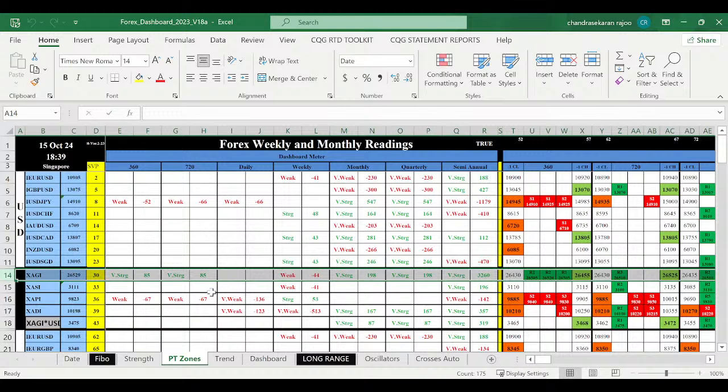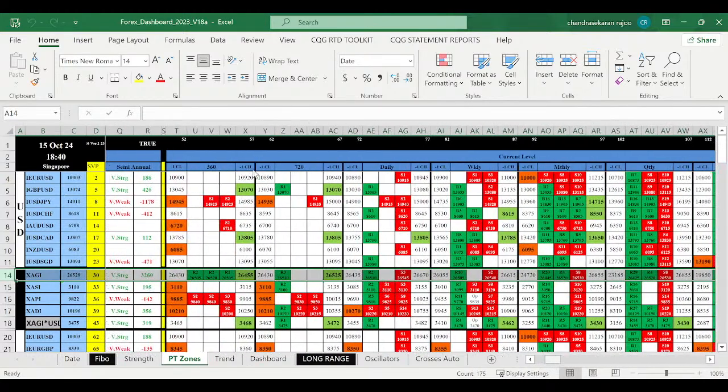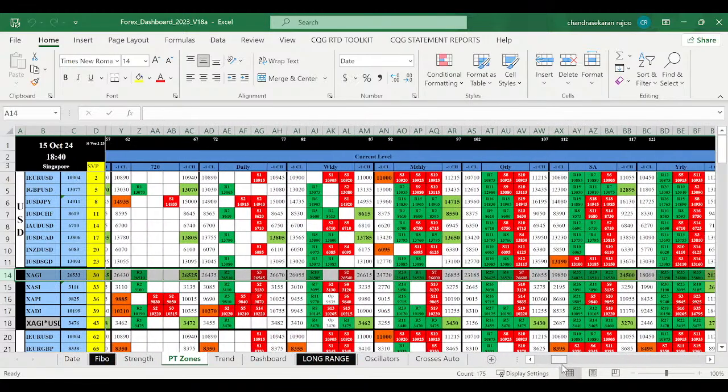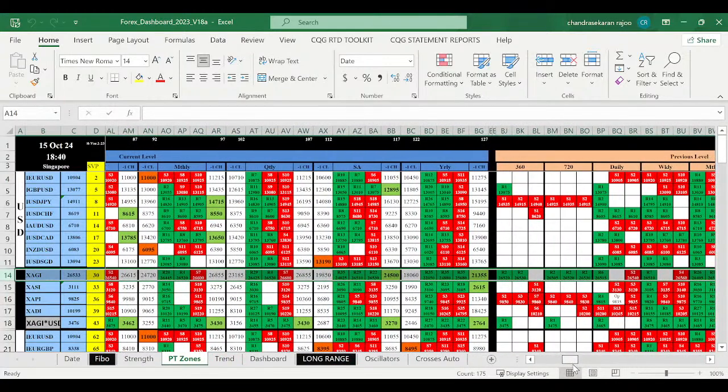So now when we look into our PT zones, what the PT zones is telling us is your 360 is up, your 720 is up, daily is flat. So we have some resistance at SR1, we have a resistance at SR1, and weekly we have a resistance at SR1. So we need to know these two levels, then we can get it compared, to get the levels.